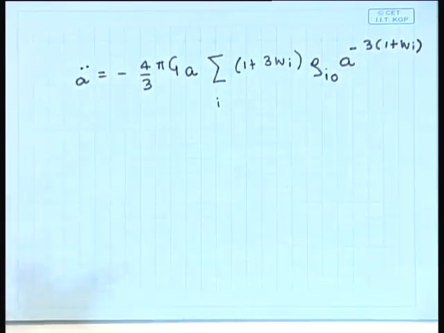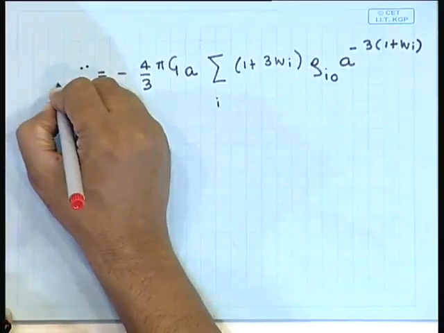How do we proceed? Recollect how we had proceeded: we multiply with A dot. So, let us also multiply this with A dot.